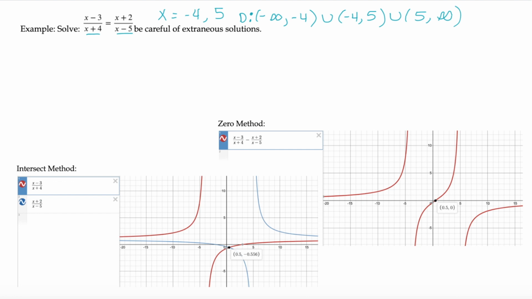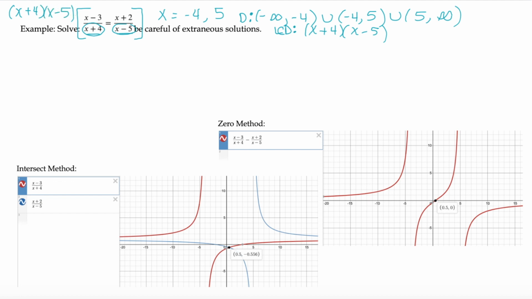I also am looking at my denominators to identify what is my common denominator. Well, my common denominator would have to be x plus 4 and x minus 5. Looking at all of the different factor combinations, I'm going to multiply everything by that least common denominator of x plus 4, x minus 5.